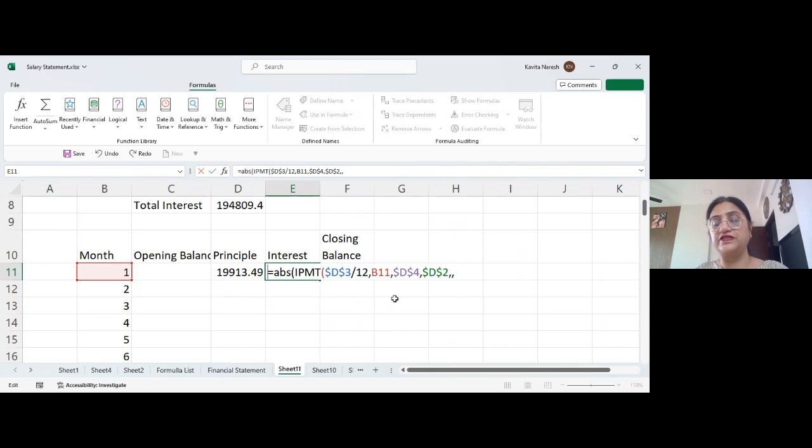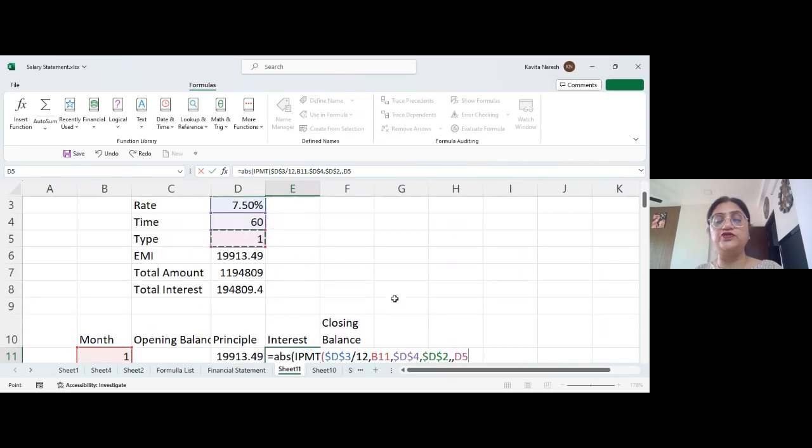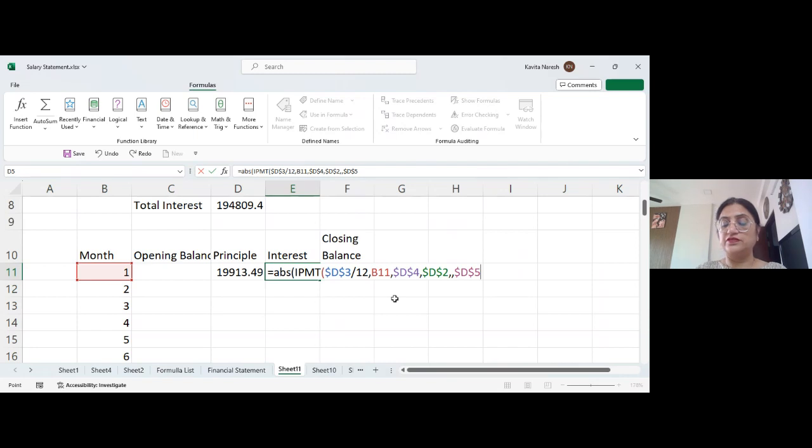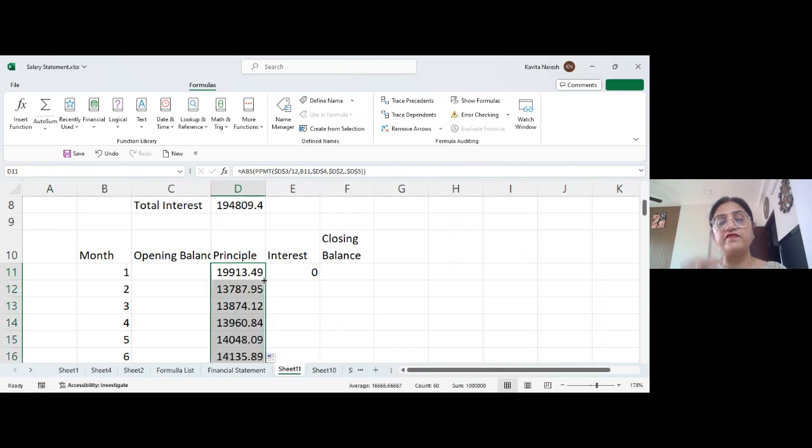Use the cell referencing now. That is a good habit, because you only need to change that cell. That's it. Okay, now 0. Why 0? Because I told you na. See, principal will go and then interest will.